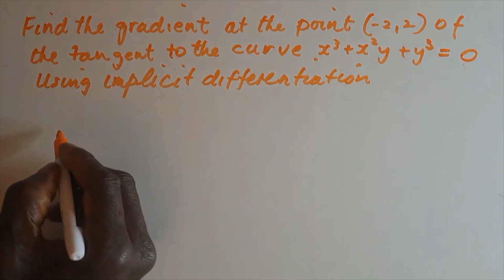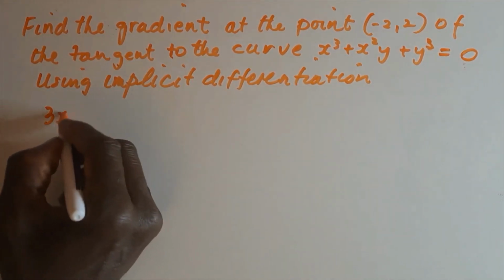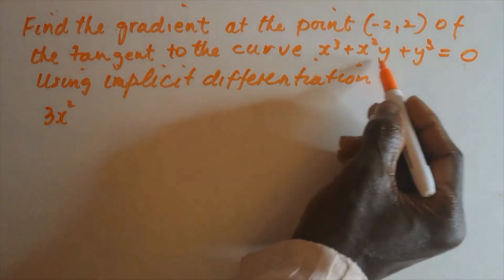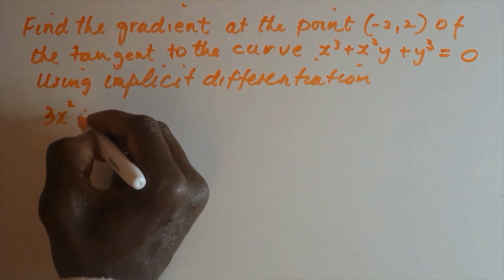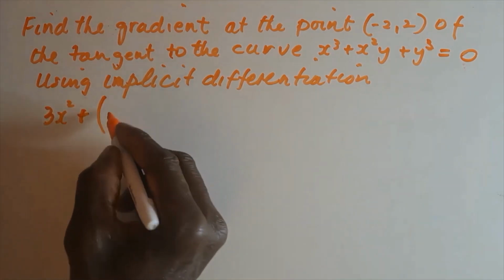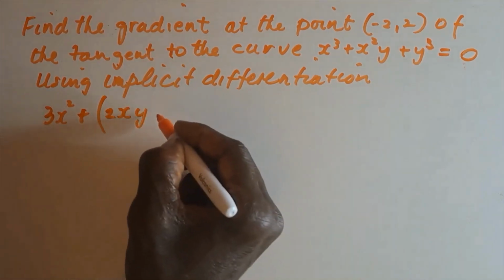So we have 3x squared. Remember, this is a product, x squared y, so we'll use the product rule. I'll put this in brackets so you can see what its result is. It's 2xy.